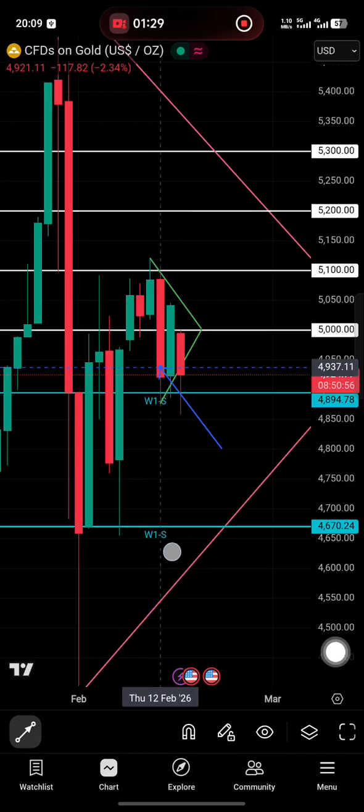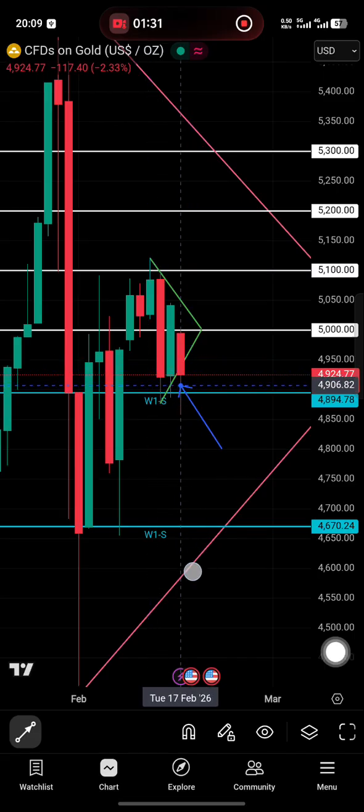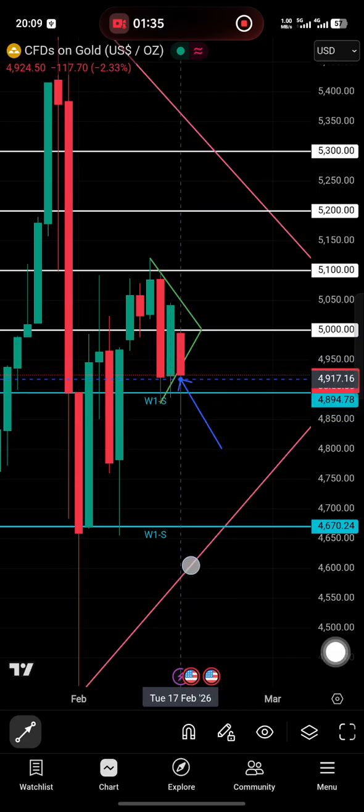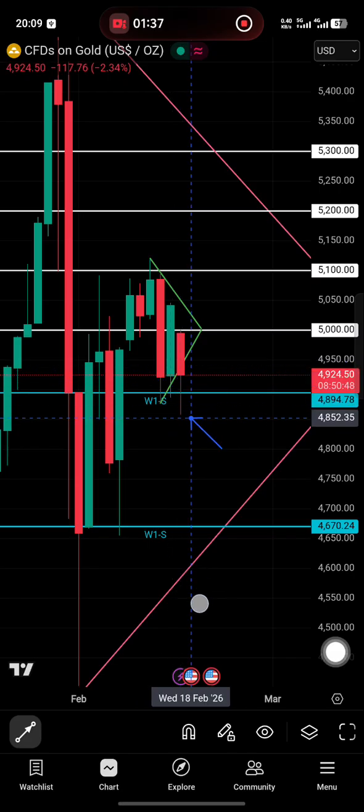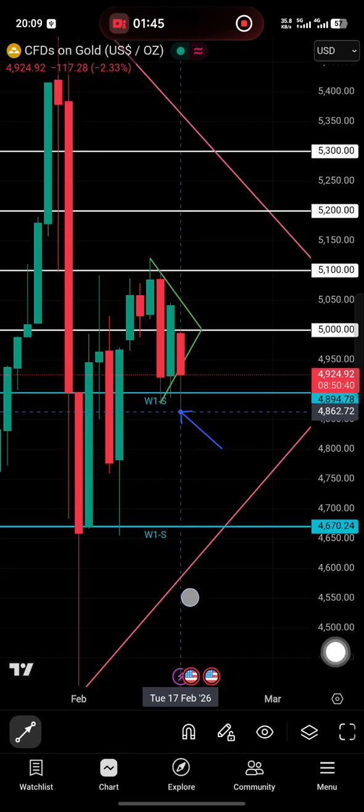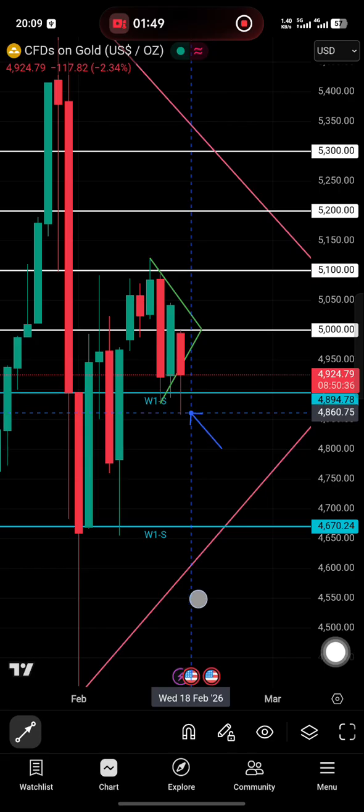And after the price accumulated buy volume, it did a sharp dump on the chart, a sharp descent, all the way down to creating a low of about 4,864.61 before pulling back up.